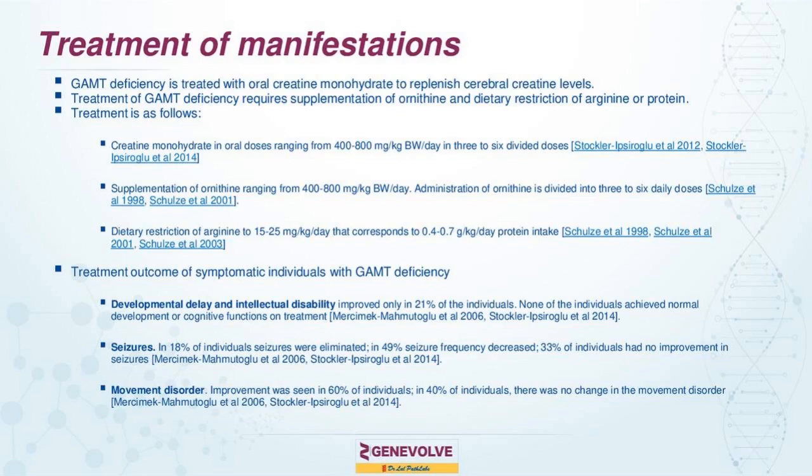When that was followed, for symptomatic patients, the intellectual disability and developmental delay improved by up to 21%. For seizures, 18% got complete elimination and 49% had decreased frequency. In the case of movement disorders, improvement was seen in up to 60% of individuals.